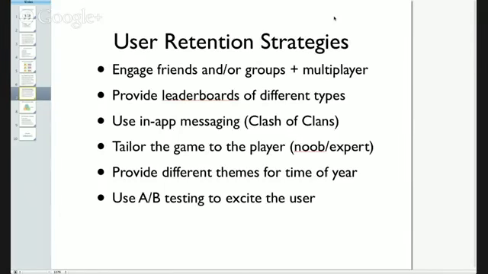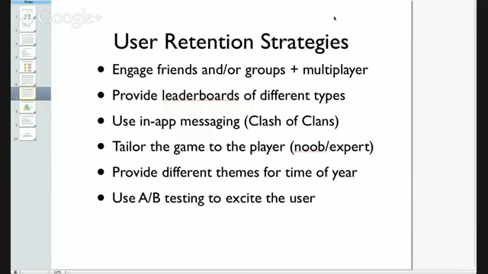So not only having leaderboards of different types, but engaging the people on those leaderboards, and then that becomes exciting for the other players because other players then have favorite people or favorite groups, favorite clans, and they're going to get excited and just watch who is winning. Did your favorite clan or your favorite person win the contest? Because maybe they're too far ahead of where you are.